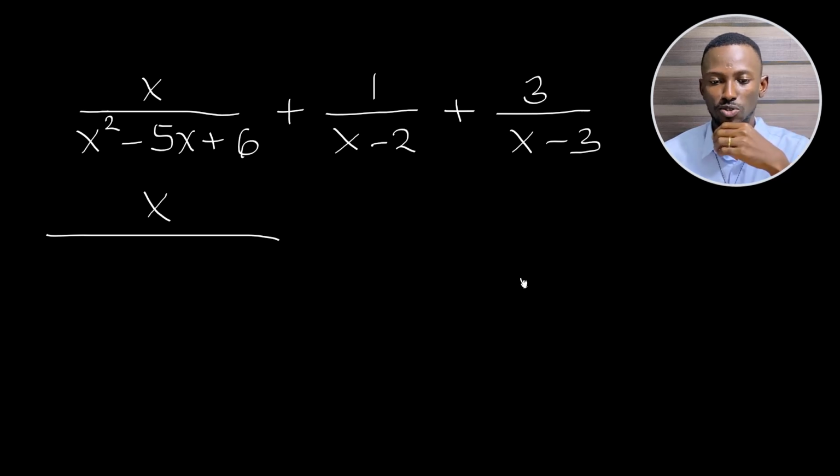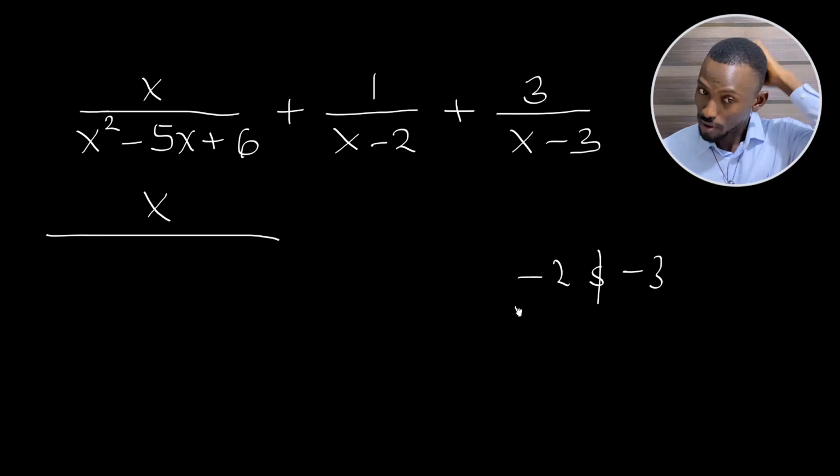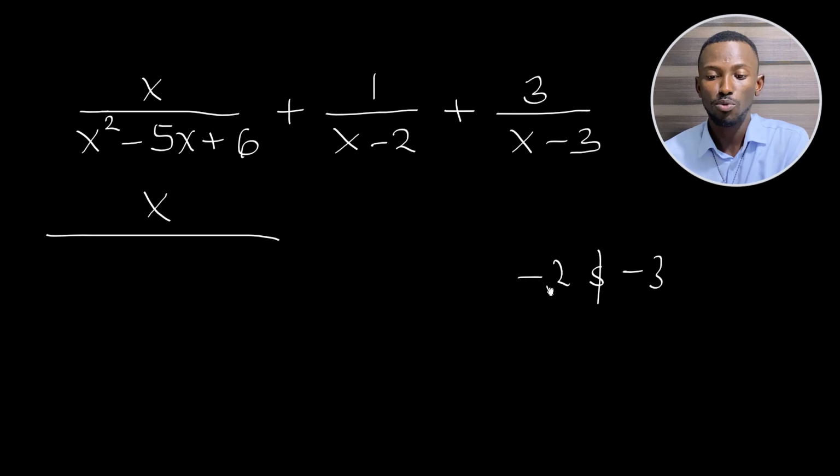And those numbers will be negative 2 and negative 3. If you multiply them, you will get positive 6. If you add them, you will get negative 5, because negative 2 plus negative 3 gives you negative 5, and negative 2 times negative 3 gives you positive 6.